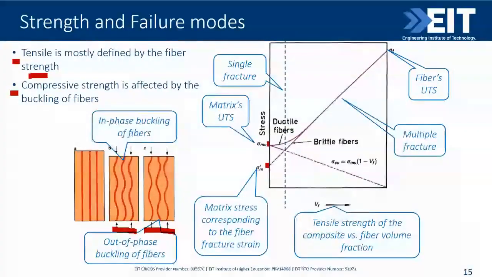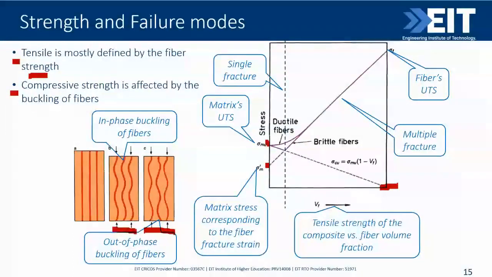If we look at this dashed line, theoretically, if we have only matrix, starting from this point with 100% matrix, it will go to 0. No, sorry, the 100% is the fiber volume at this point.